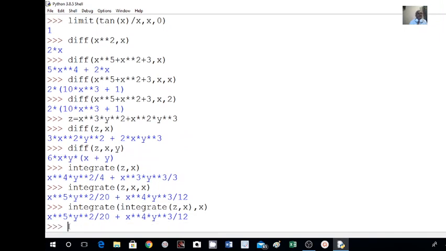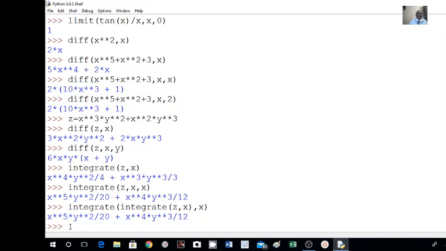If I enter, am I getting the same thing here? So that means for double integration, I have to first close this bracket, write x here, and again write x here. Or otherwise I can write only one integration here and give x, y like this.